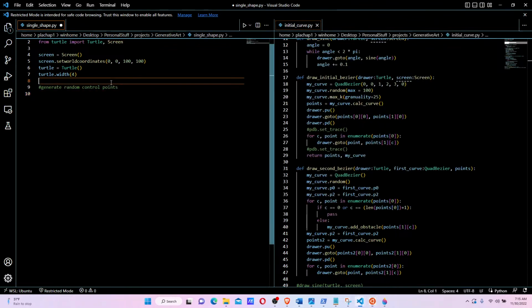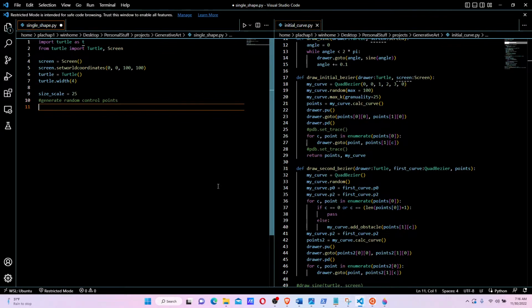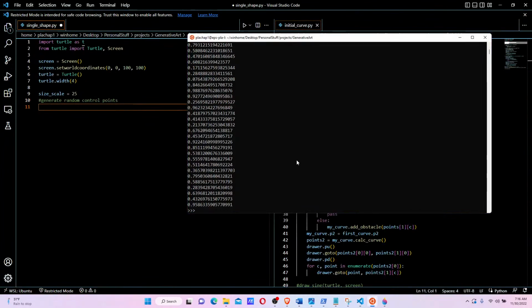So, let's say size scale equals 25, so that the biggest size is 25. Okay. And now, oh, but we want negative points too.